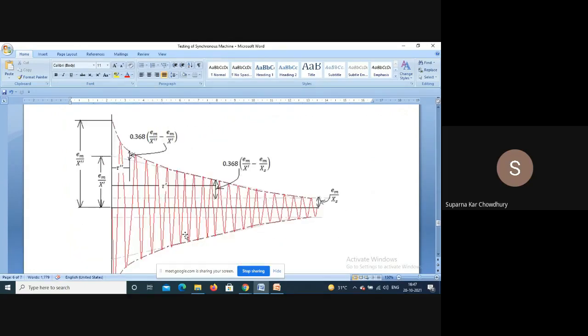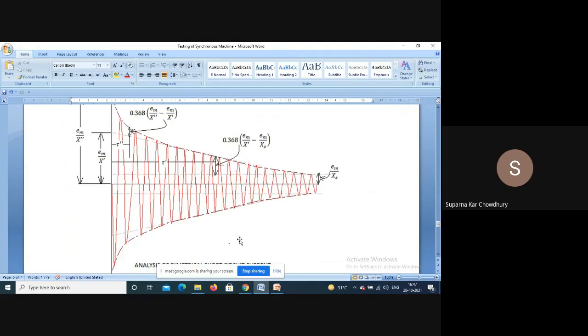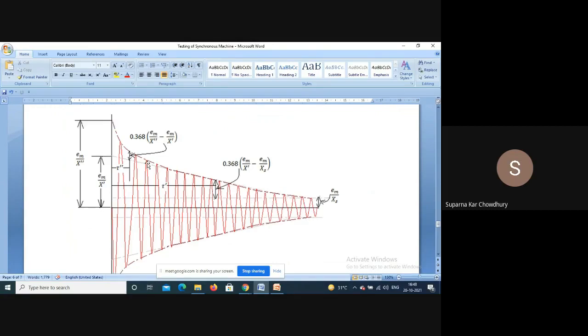Now, it has been told that some of the parameters can be determined. Say if this is the waveform for symmetrical short circuit current, in that case this waveform can be analyzed. This first 2-3 half cycle forms the subsynchronous operation.